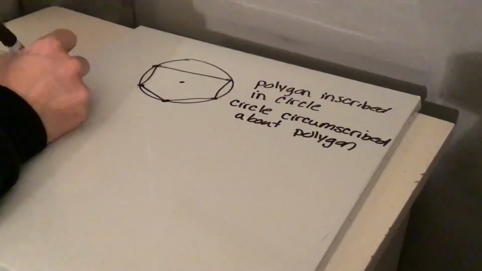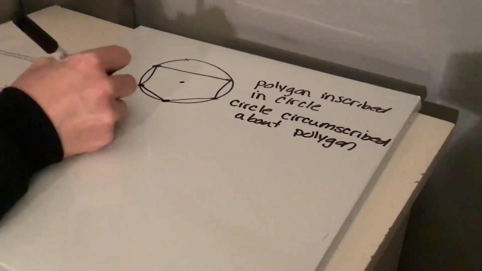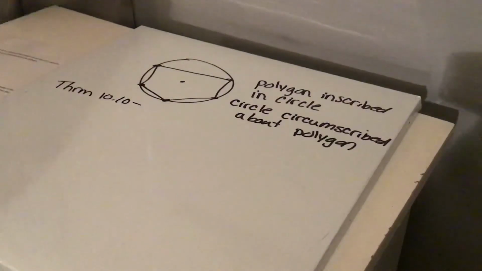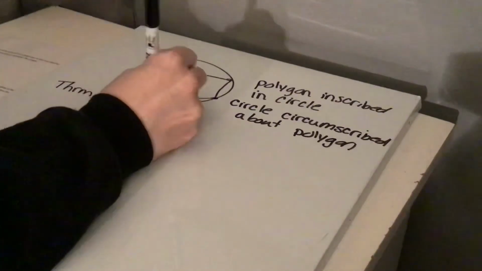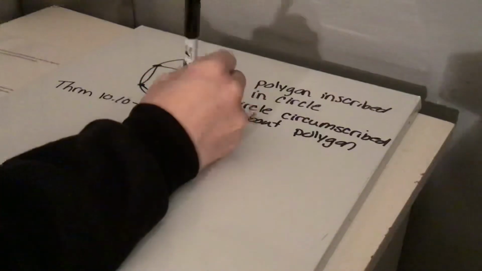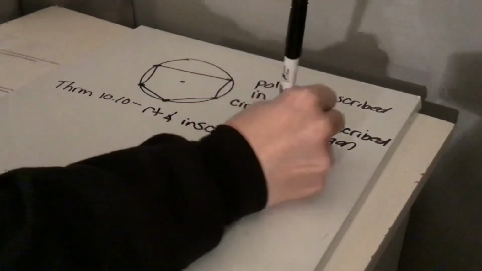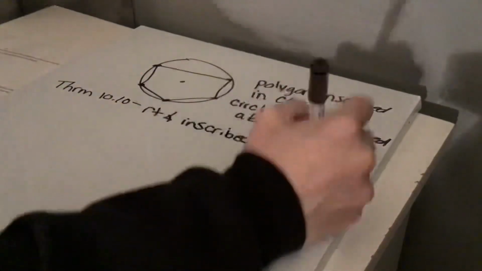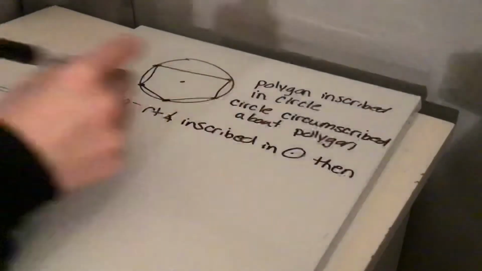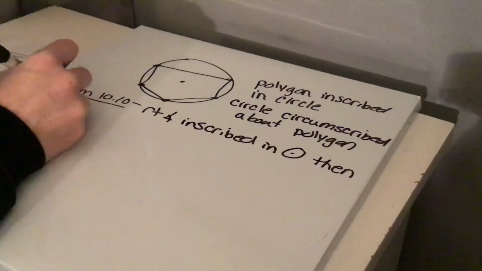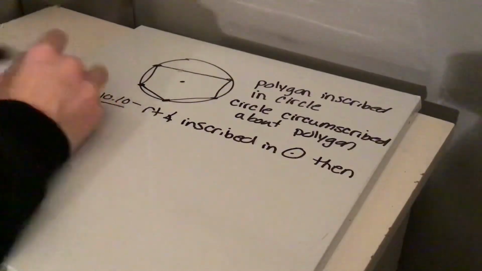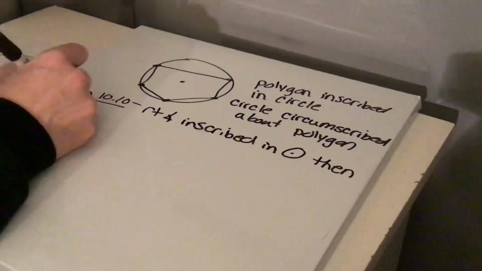Okay, so the polygon is inside the circle, and the circle is around the polygon. Then with that we can say that if you have a right triangle inscribed in a circle, then the hypotenuse is the diameter.